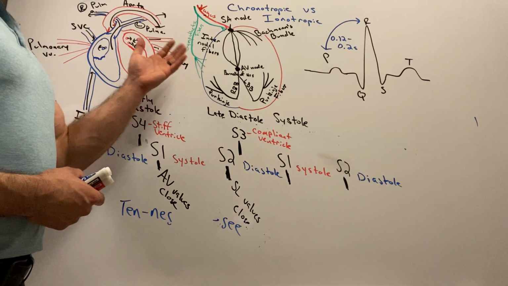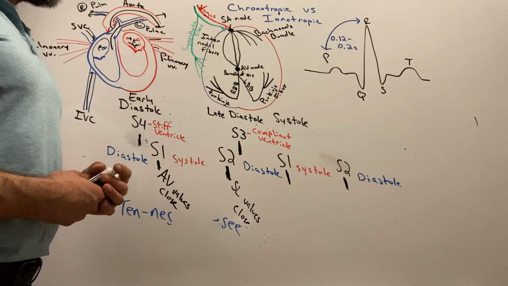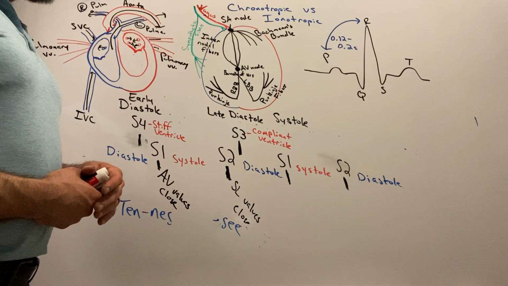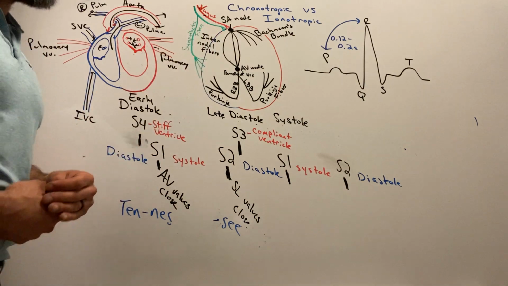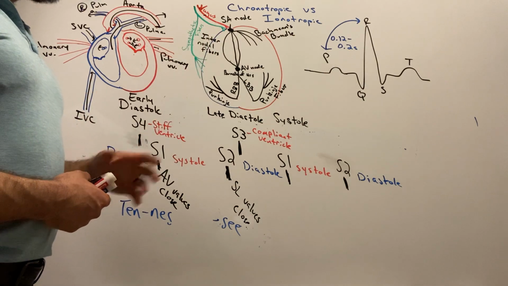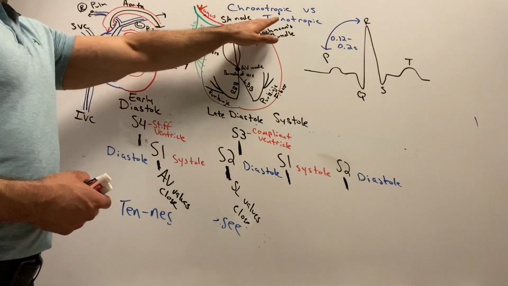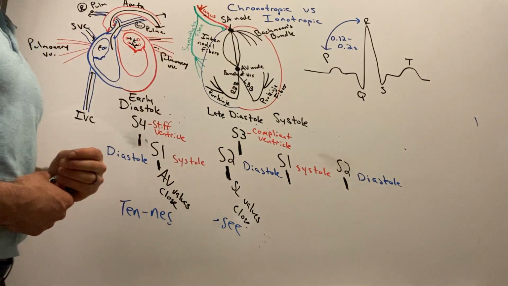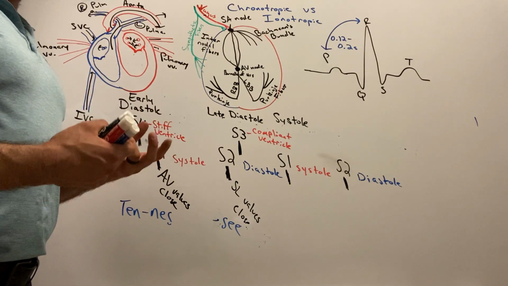Sympathetic fibers, coming from usually the T1 to T4 levels of the spinal cord, have positive chronotropic effects, so they're going to increase your heart rate. But remember, the sympathetic nerves also innervate the myocardium, and they have positive inotropic effects. So what is a positive inotropic effect? Inotropic refers to ion movement.